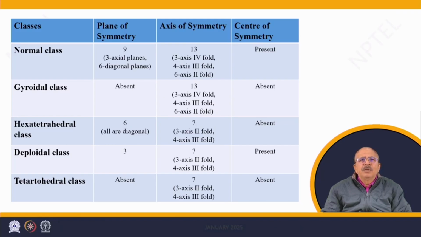Hexatetrahedral class, the planes of symmetry are 6, axes of symmetry 7 and center of symmetry absent. Diploidal class, the planes of symmetry are 3, the axes of symmetry 7 and the center of symmetry present. Tetartoidal class, the planes of symmetry absent, the axes of symmetry 7 and the center of symmetry absent.